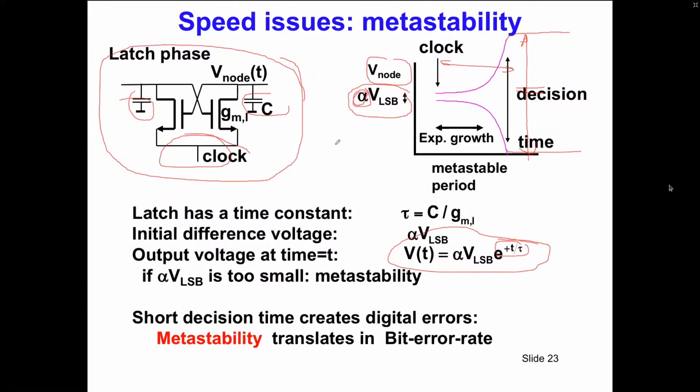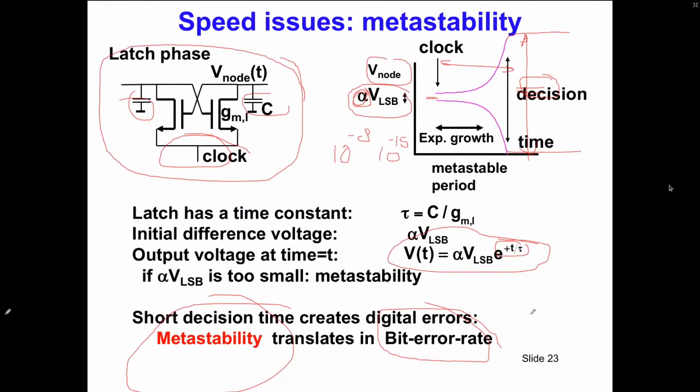And when I talk about too small, I don't mean 1% or 10%, but I mean 10 minus 8 or even 10 minus 15, as at this moment is required in data centers for Google and these kind of people. Now, if this is a too small starting value and you don't reach a decision level, then we talk about metastability and a bit error rate that is associated with that.